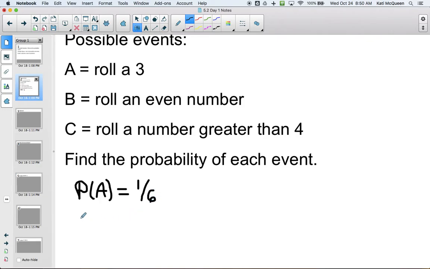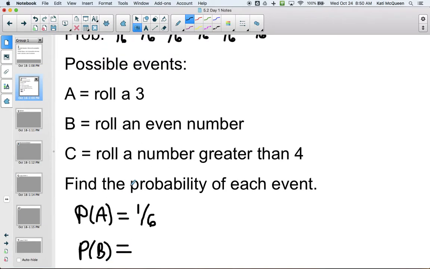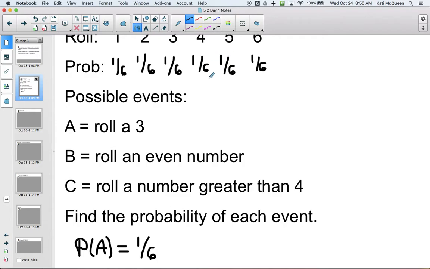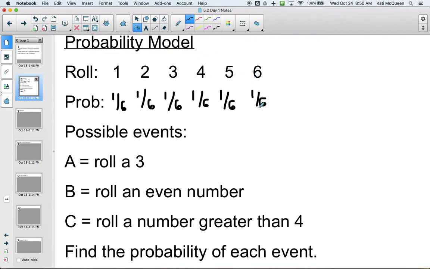All right, the probability of event C. So C is rolling a number greater than 4. So my options for numbers that are greater than 4 would be a 5 or a 6, right? Greater than 4 is only 5 and 6.